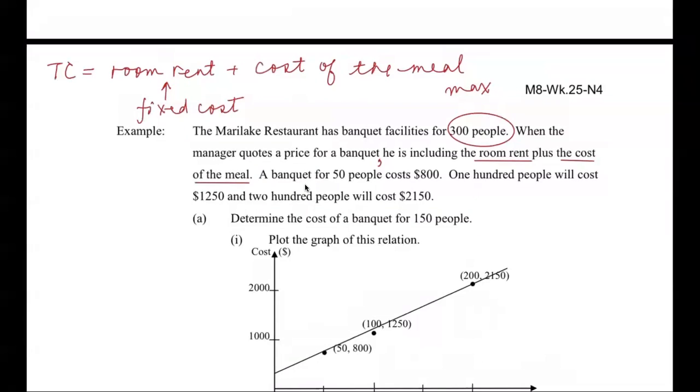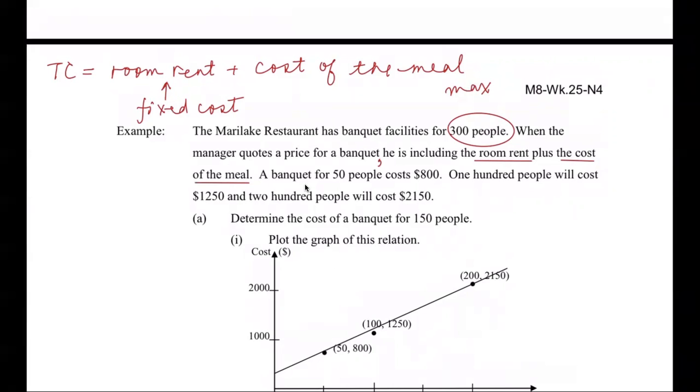On the other hand, cost of the meal. If we have 20 guests, we only need to make 20 meals, which means we only need to pay for the cost of 20 meals. If we invite 50 people, then we need to make 50 meals. That means we need to pay for the cost of 50 meals. If we invite 200 people, then we need 200 meals. That means we need to pay for 200 meals.